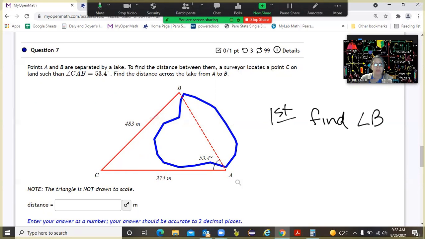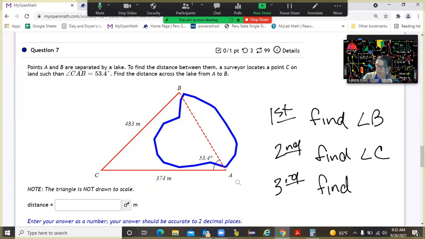Second, find C, because now you have two of the angles. And third is to find length little c, which is what this actually is. That's little c. This is little b and this is little a. So that's your plan.